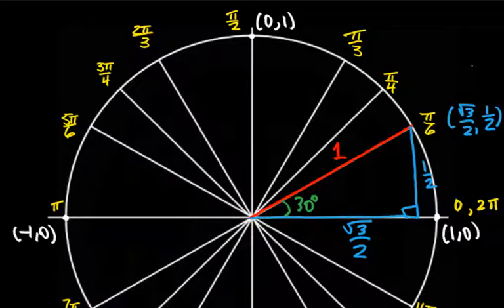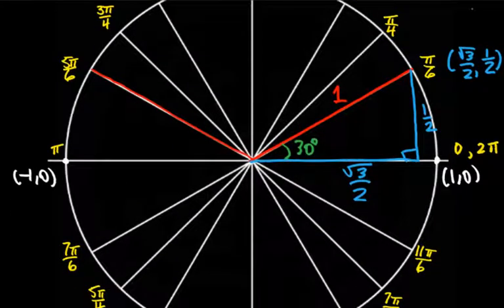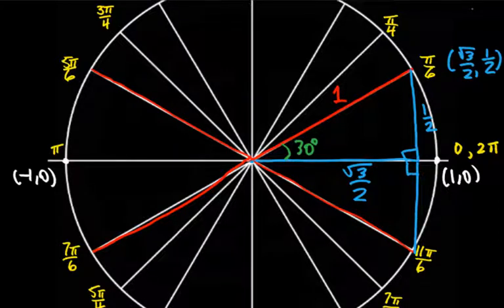Okay, so before moving on to other lengths, I want to just highlight a few quick things. Notice that if we look at the pi over 6's, we'll actually get the exact same lengths everywhere. Because if you look down here, just extending that triangle down, we have the exact same x coordinate.